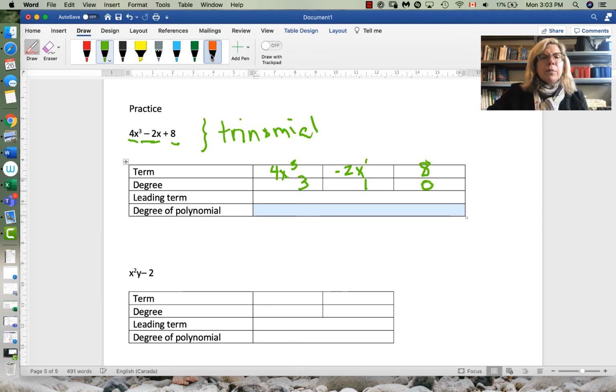And the leading term, well, what's the leading term in this trinomial? Well, it's 4x cubed. And the degree of the polynomial, in this case, because the variables are all the same, just x, the degree of the polynomial is the exponent of the highest number. So the degree of the polynomial is 3.